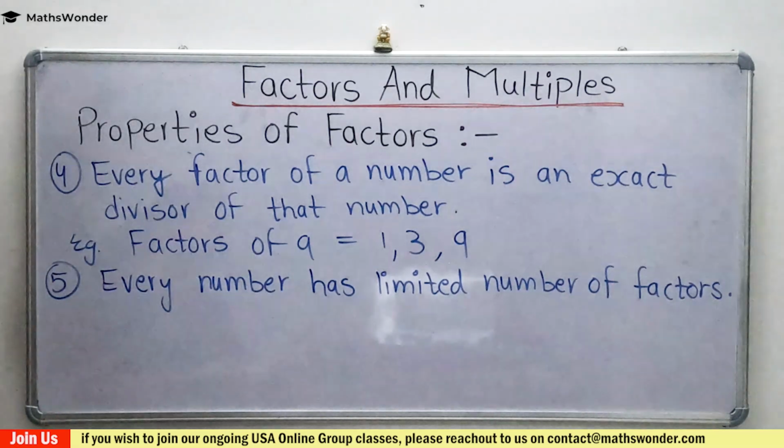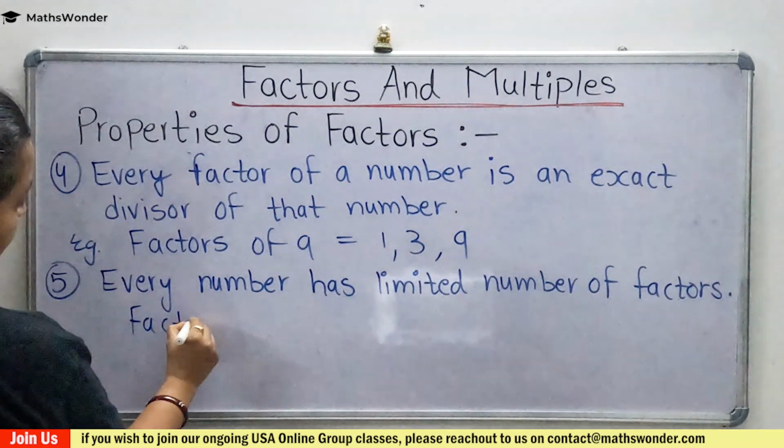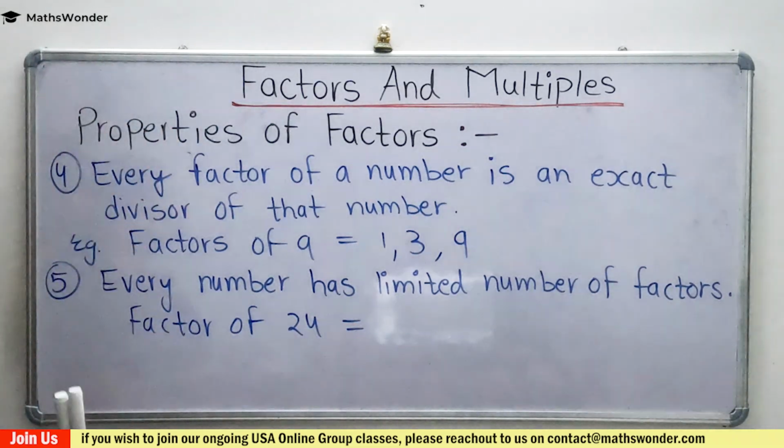Thus the number of factors of a given number is always finite. They can be counted. Suppose we are finding the factors of 24. Every number has a finite number of factors.